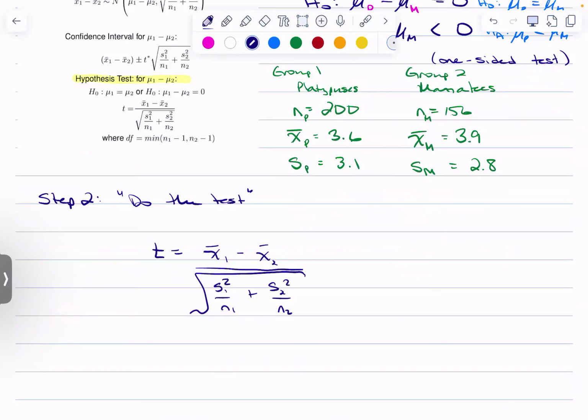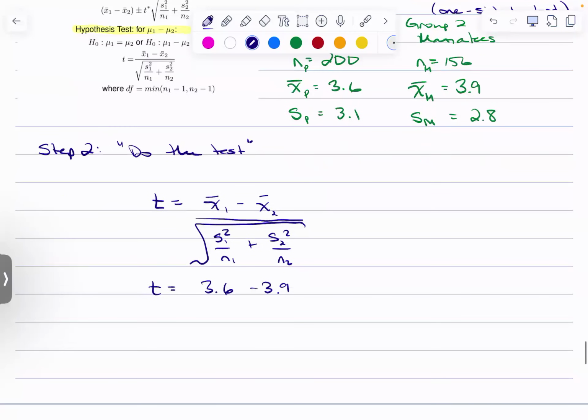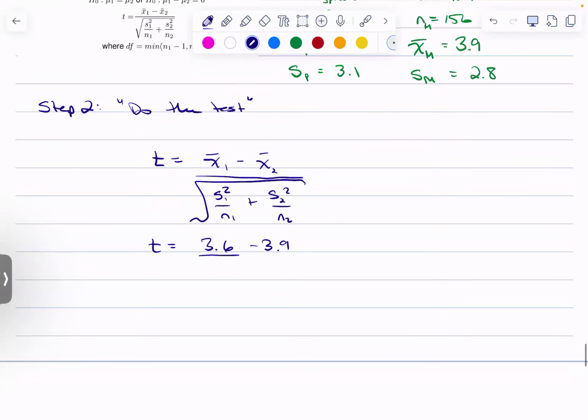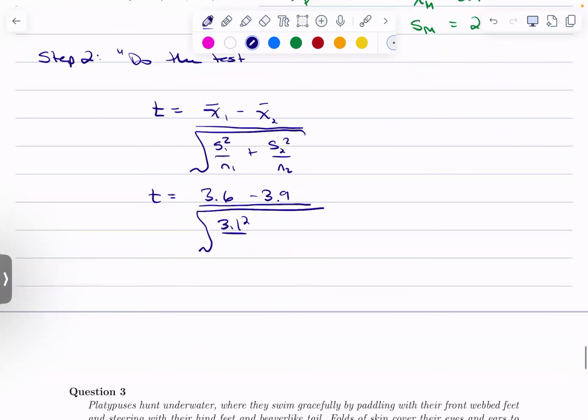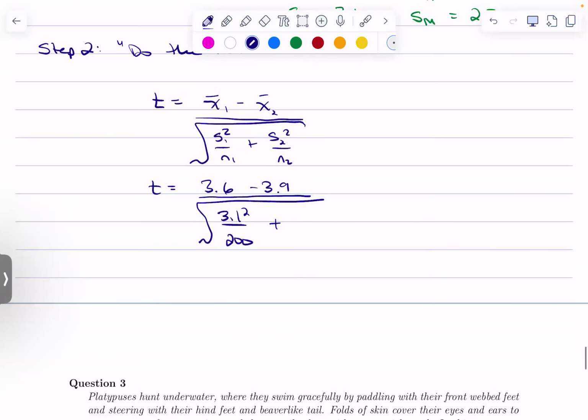Plug and chug. T is 3.6 minus 3.9, right? How far is that difference from 0? Divided by 3.1 squared divided by N1, which is 200, plus 2.8 squared divided by 156.